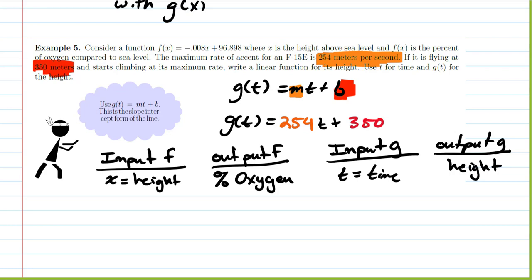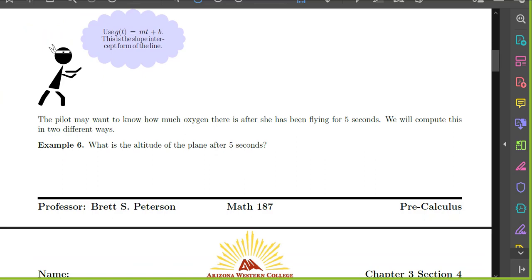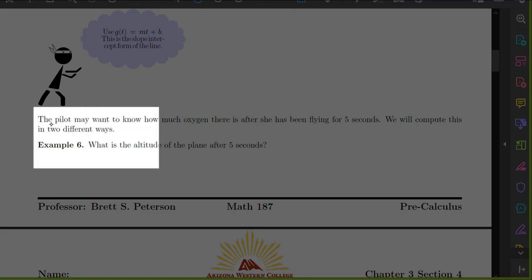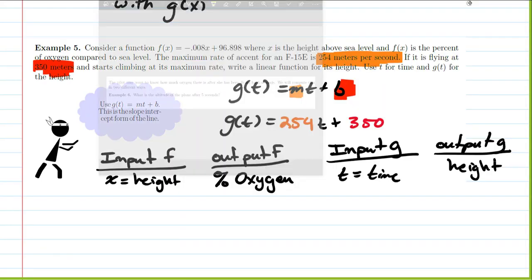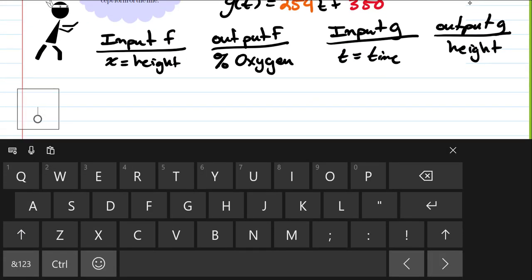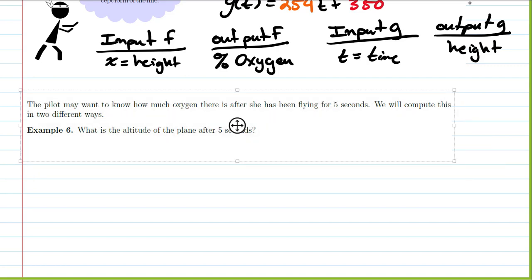All right, so let's keep going and answer our next question. The pilot may wish to know how much oxygen there is after she's been flying for, say, 5 seconds.